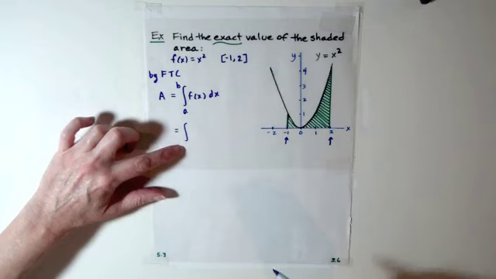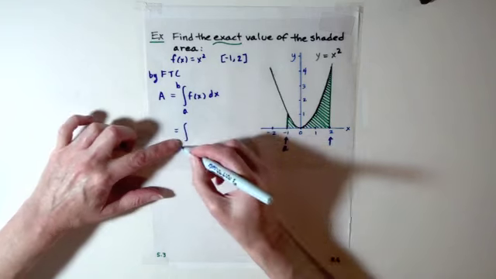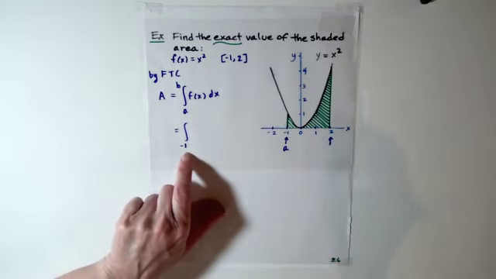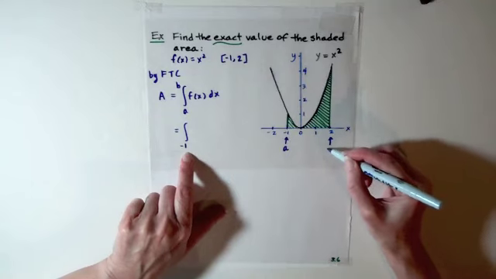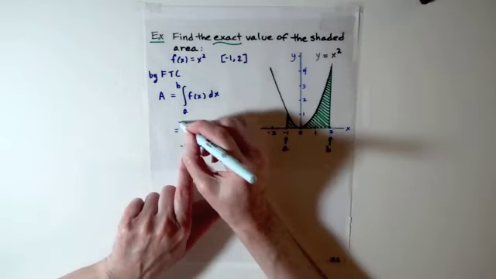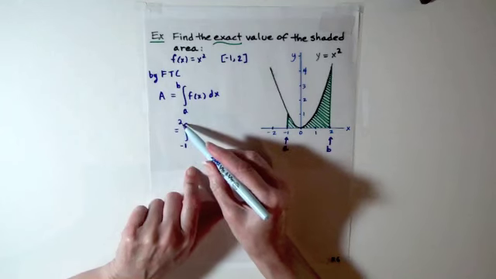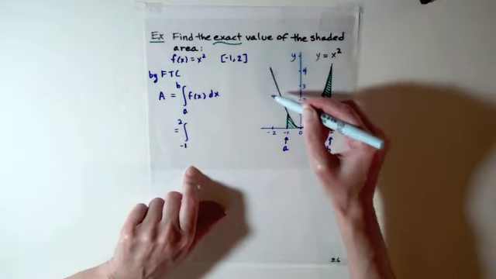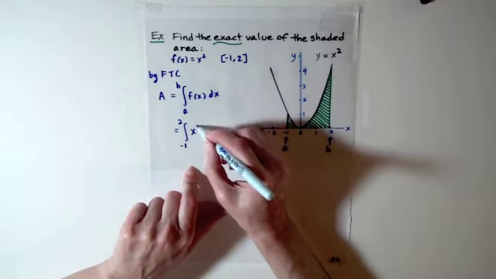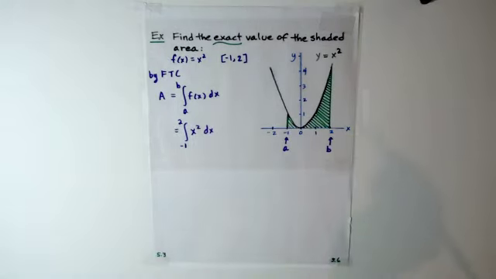Let's see, we're going from a lower limit of -1, that's my a value, so my lower limit on my definite integral is -1, to an upper limit of 2, that's going to be my b value. So I'm doing the definite integral from -1 to +2 of f of x, that's just the function I'm finding the area under, that's x squared dx. Okay, well, what's that equal to?